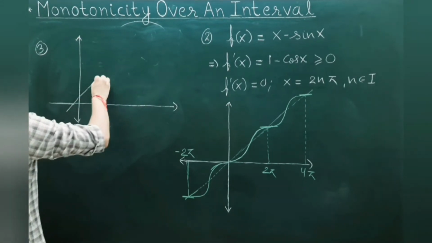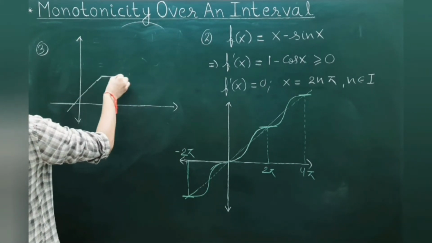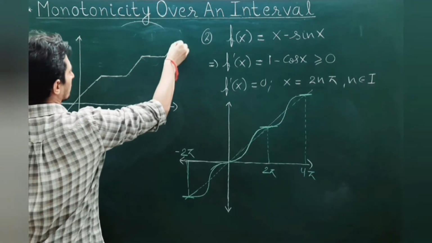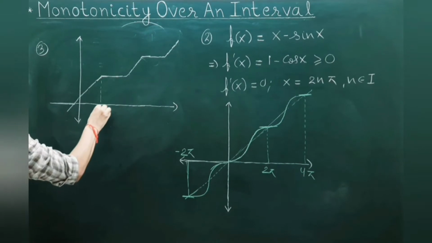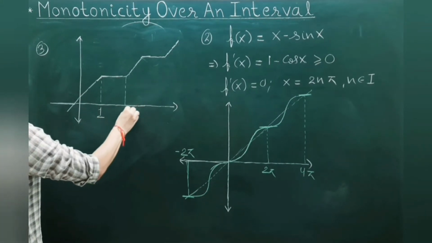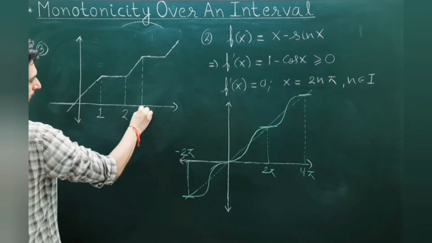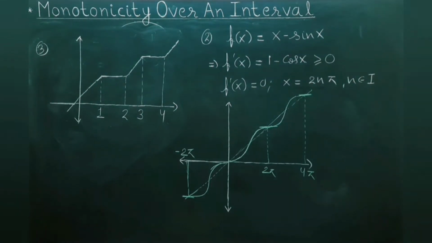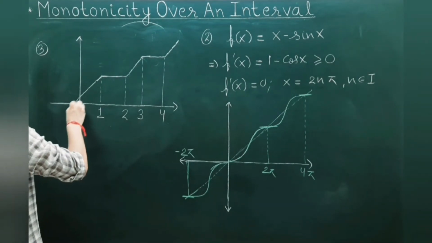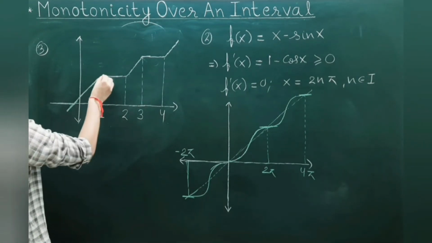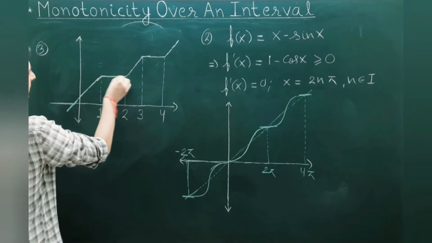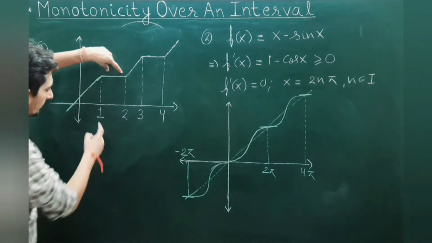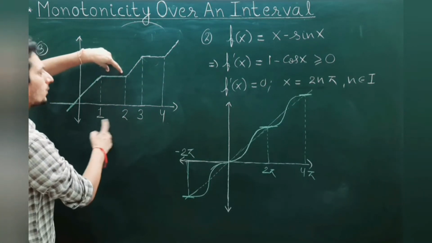Now, here you can say that f(x) increased, then the derivative becomes 0 or the function became constant. When function is constant, derivative is 0. So it is 0 for this entire interval 1 to 2.